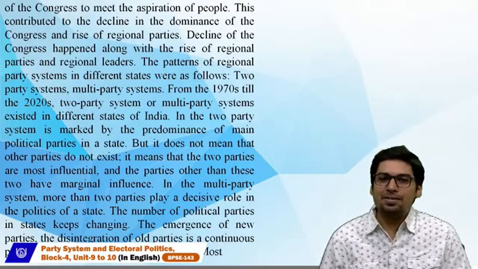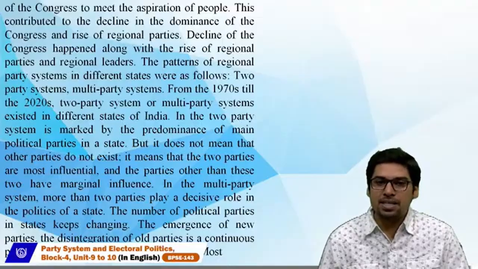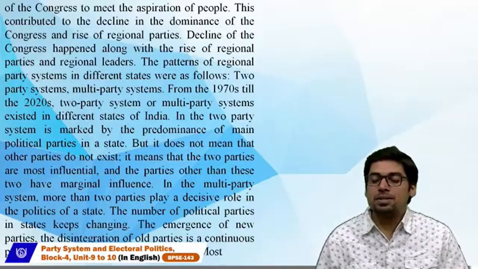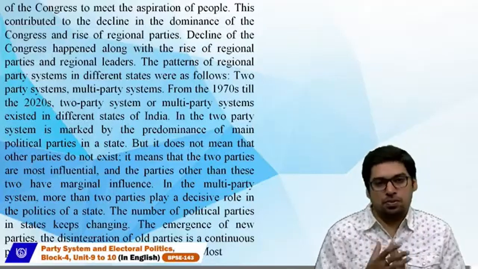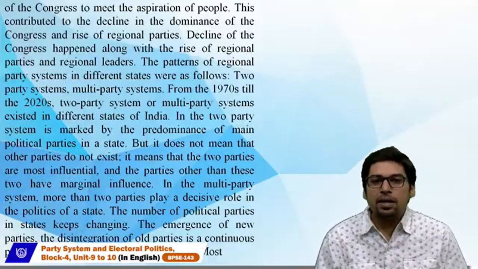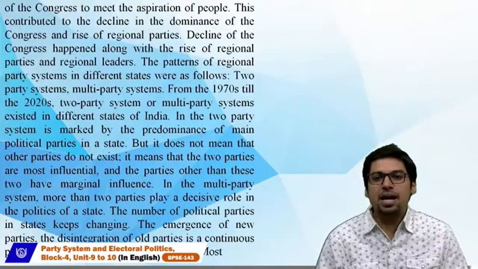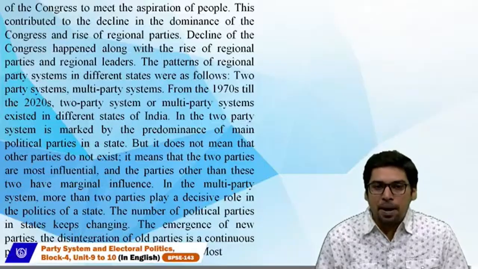The two-party system is marked by the predominance of two main political parties in a state. Basically, the two-party system is derived from the one-party system in India. But it does not mean that other parties do not exist. It means that two parties are the most influential and the parties other than these two have marginal influence.